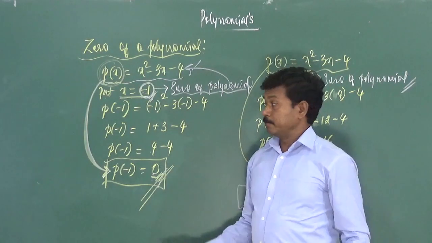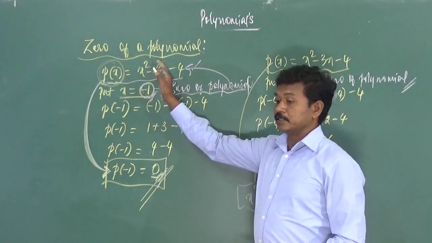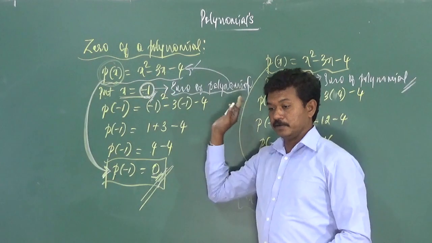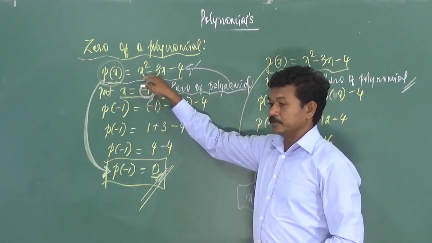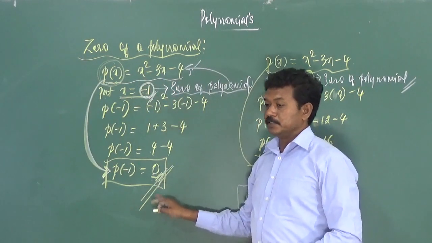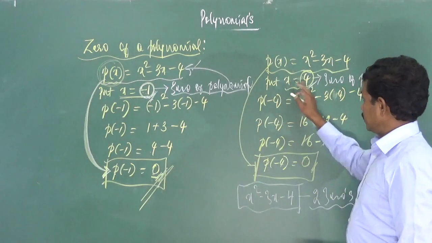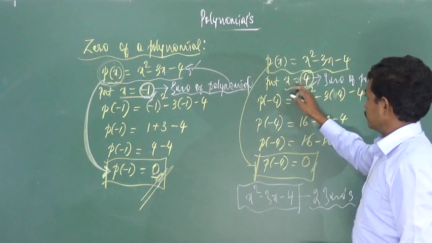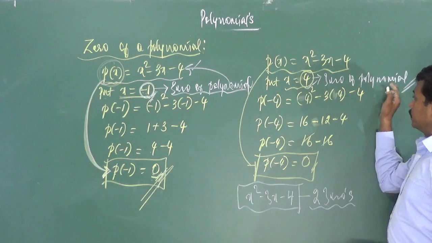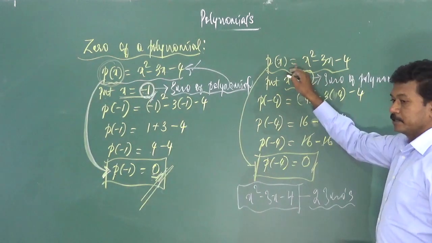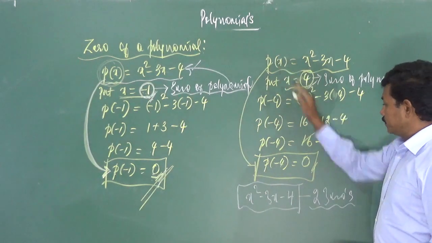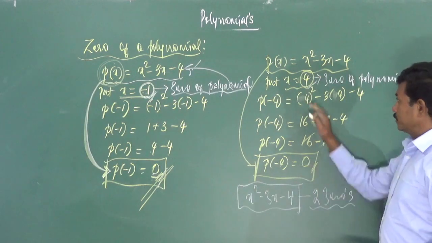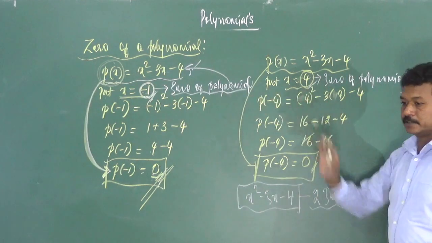But here minus 1 is 100% the zero of this polynomial, because when you substitute this value, p of x becomes 0. In the same manner, x is equal to 4 is the zero of the polynomial, because when it is substituted in the polynomial, it makes p of x equal to 0. Therefore 4 is also a zero of this polynomial.